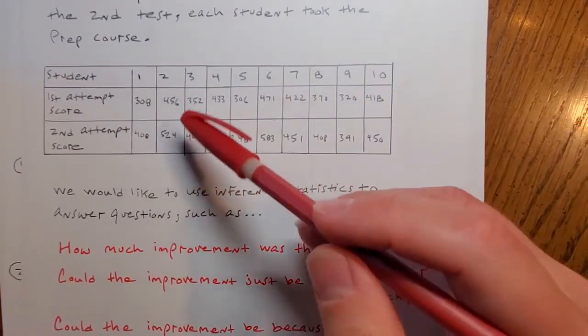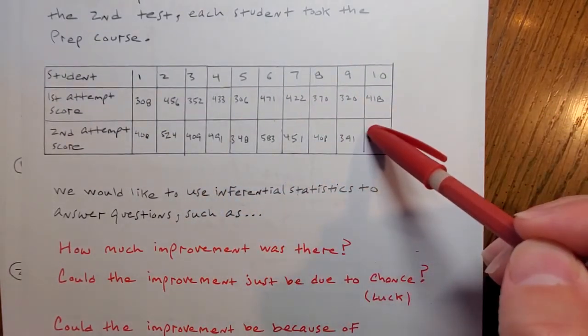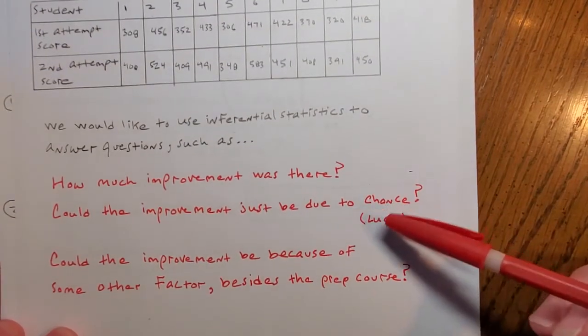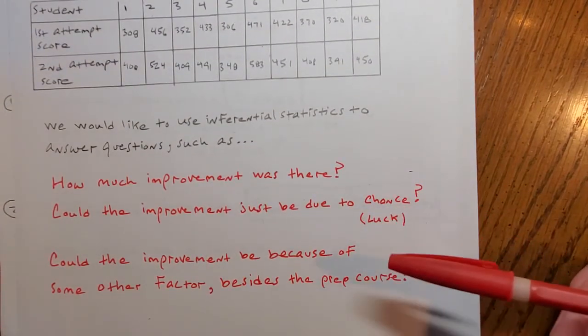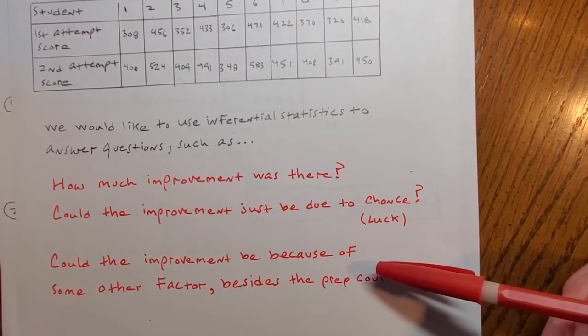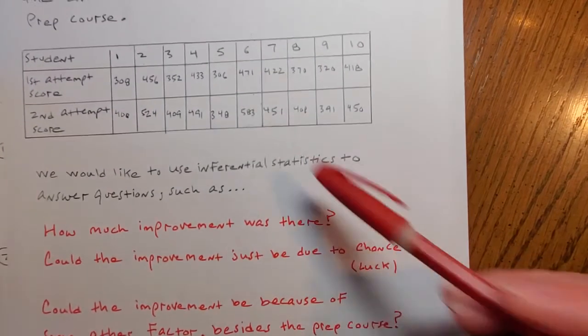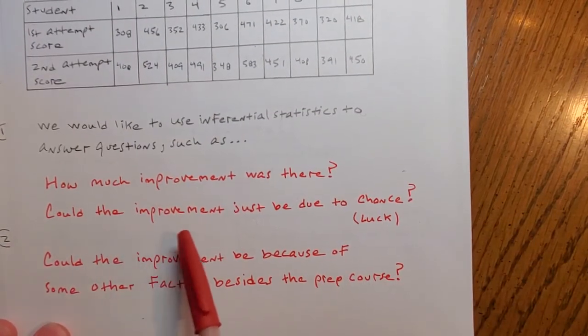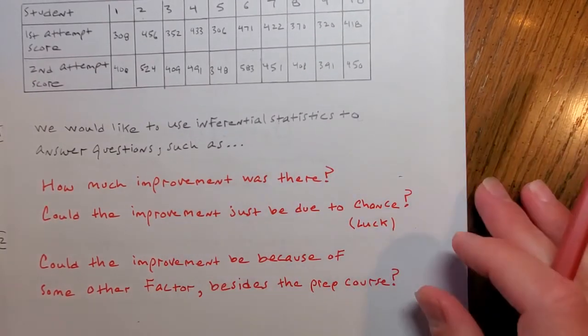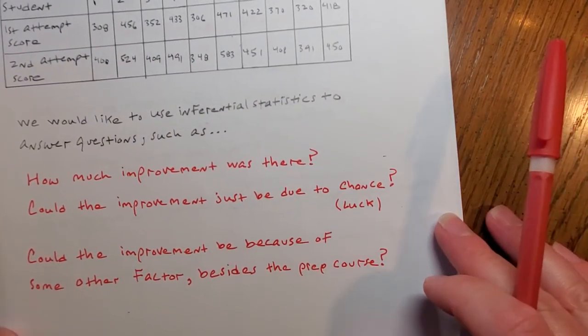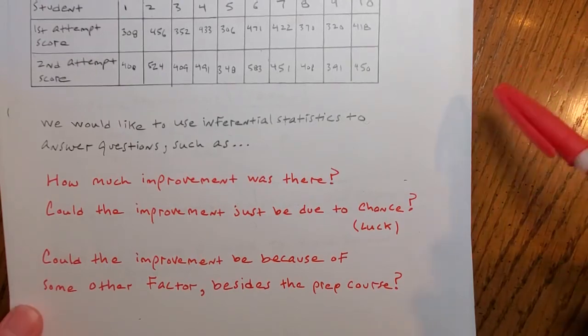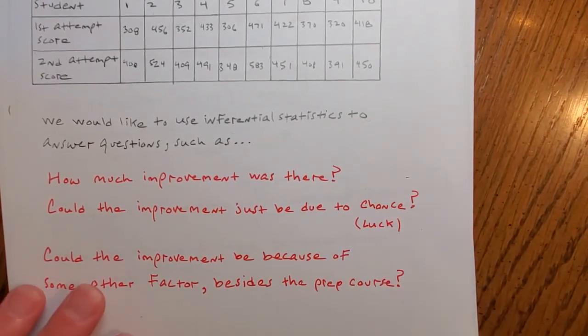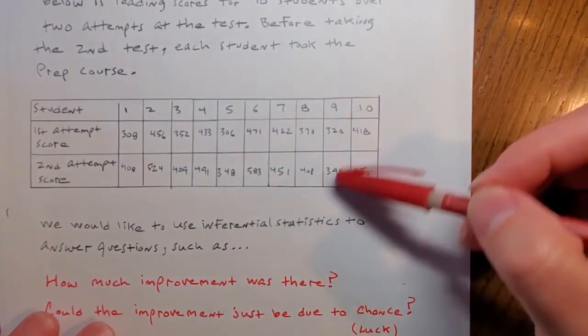So yeah, I need to do something with these numbers, and then I need to do something with the experiment itself to prove that what happened is really due to what's being claimed, that the SAT prep course is what led the students to be better. So that's what inferential statistics is about. We call this an experiment.